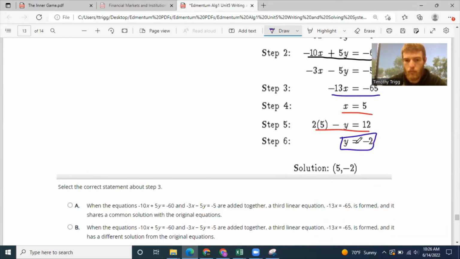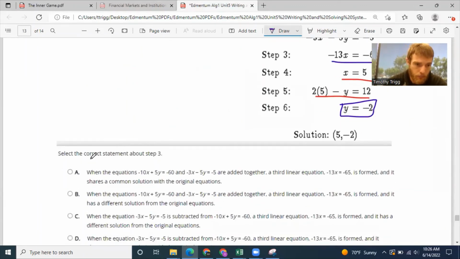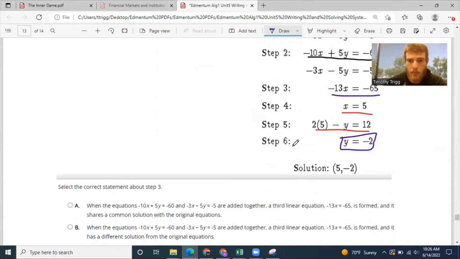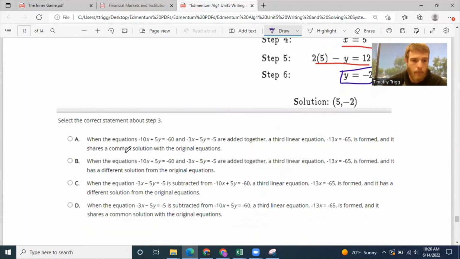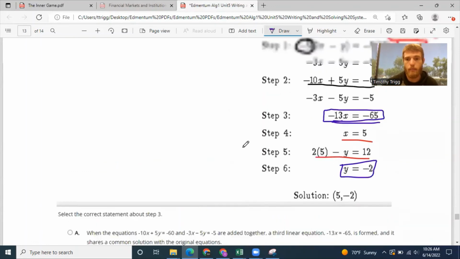Okay, so let's see what the question asks. Select the correct statement about step 3. So let's look at step 3 here. Okay. Let's see.